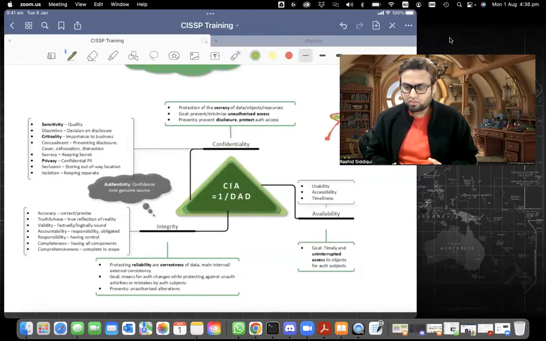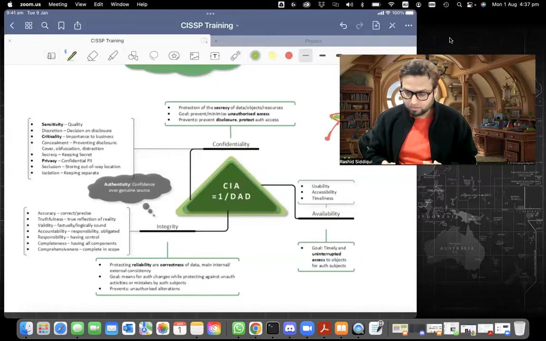It depends on the situation where we are trying to put the security. Now, in confidentiality, the exact goal is to prevent or to minimize unauthorized access, right? And it's basically the protection of the secrecy of data or objects or resources.